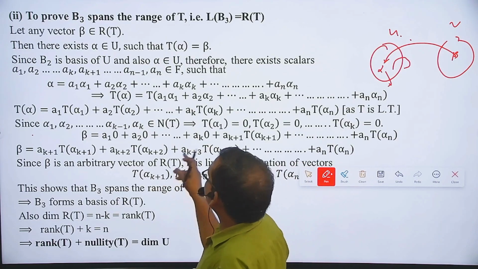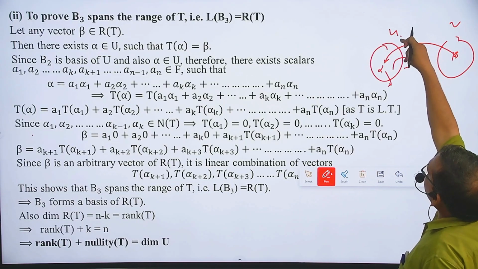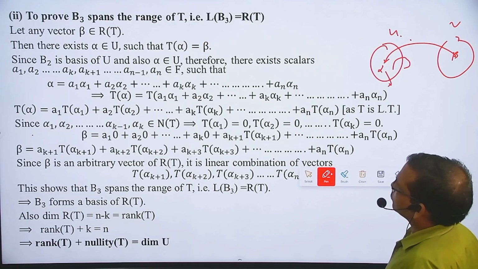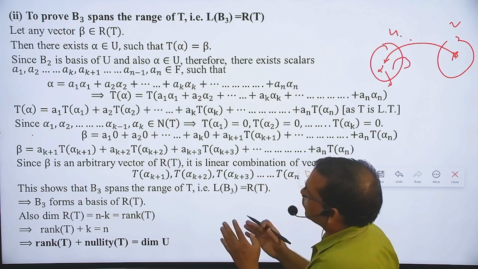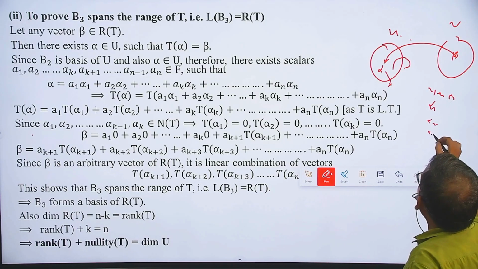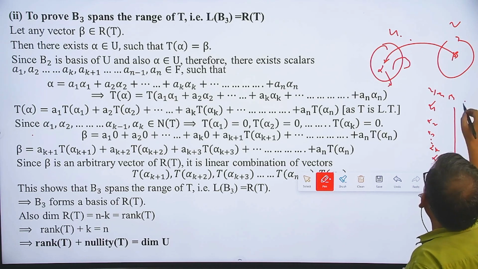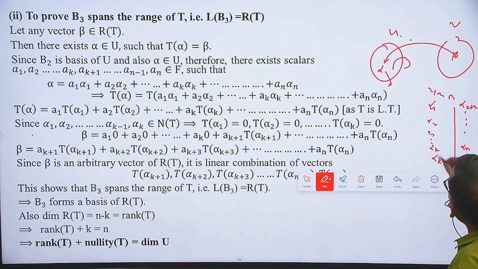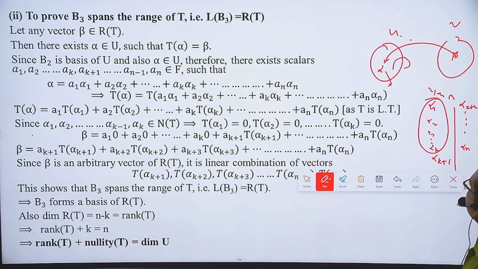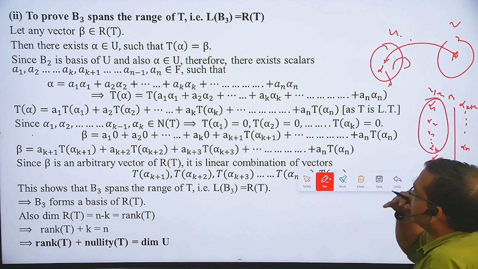Since in the basis of U there are elements alpha 1, alpha 2, alpha 3, and so on up to alpha k, alpha k plus 1, alpha k plus 2, and so on up to alpha n, but the first k elements are also a basis of the null space.